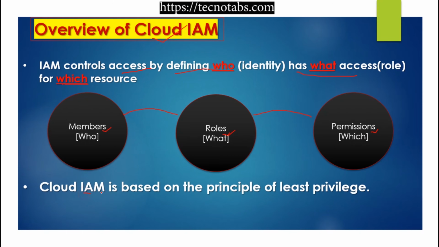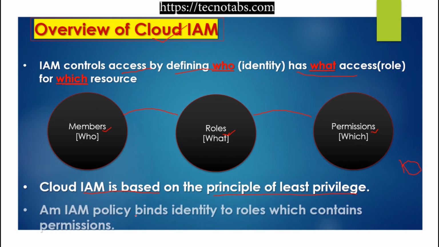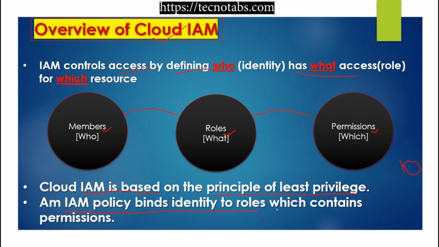Now, Cloud IAM is based on the principle of least privilege. It means that for whatever resource you create in GCP, no members of the team will have access by default. And an IAM policy binds identity to roles which contain permissions. What it means is that when you create a resource on GCP, nobody has any access to this resource.